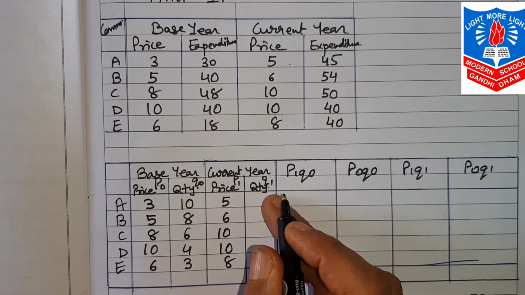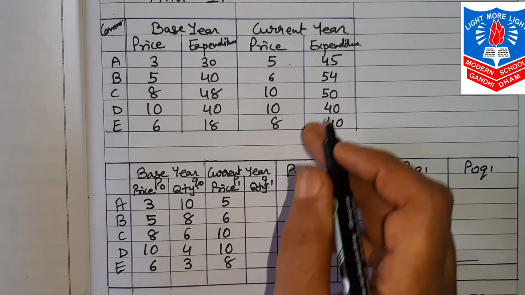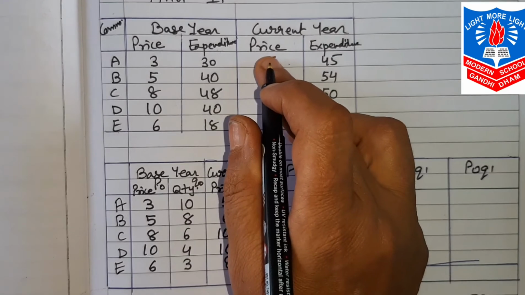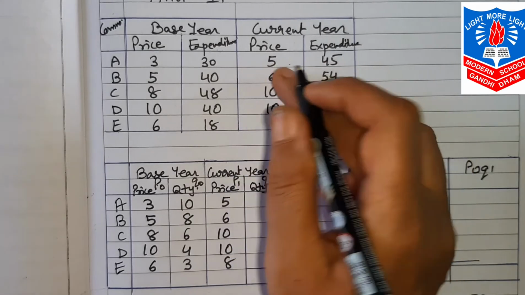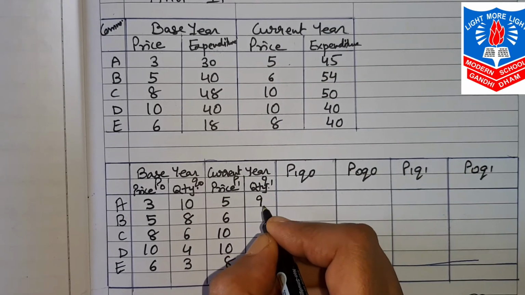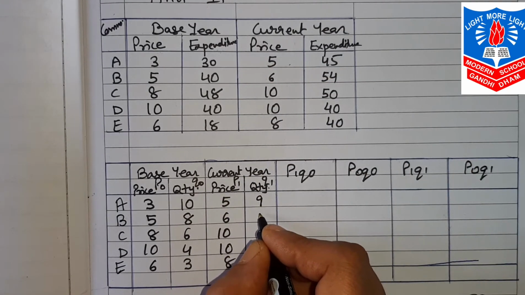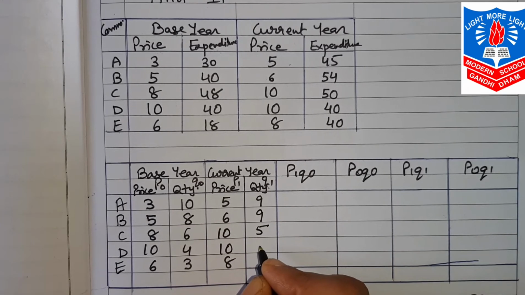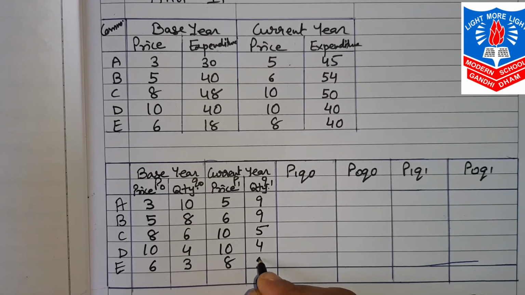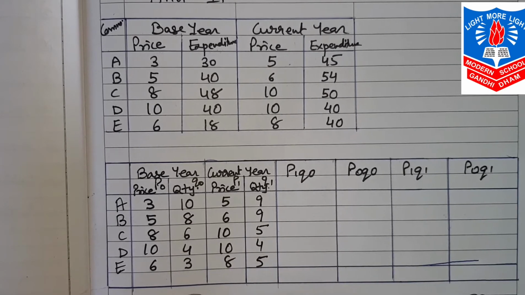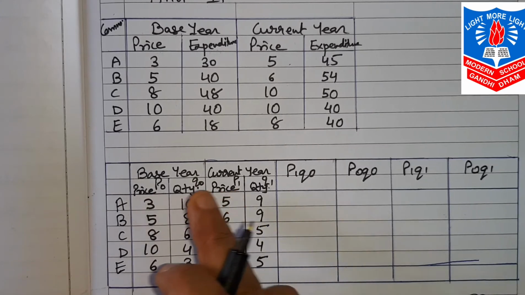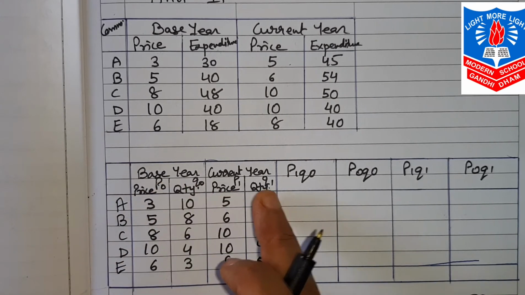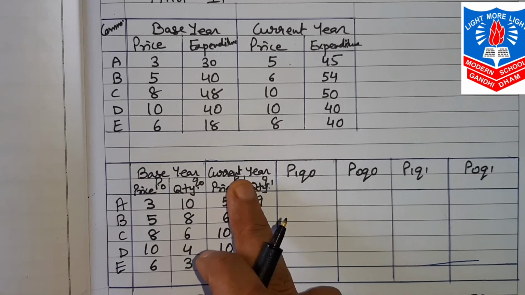Same way for the current year, we divide expenditure by price. 45 divided by 5 is 9. 54 divided by 6 is again 9. Then 5, 4 and 5.